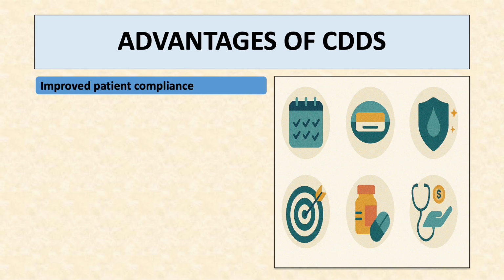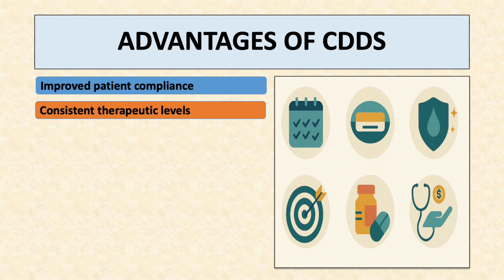Fewer doses per day, less forgetting, less interruption to daily routine. This is especially important for chronic illnesses where lifelong treatment is required. For example, once daily sustained release antihypertensives instead of 3 to 4 doses.